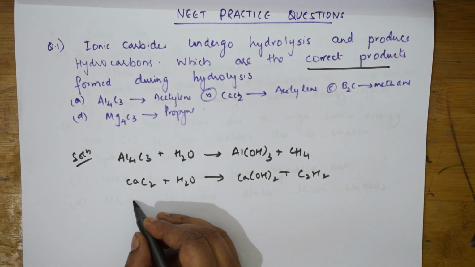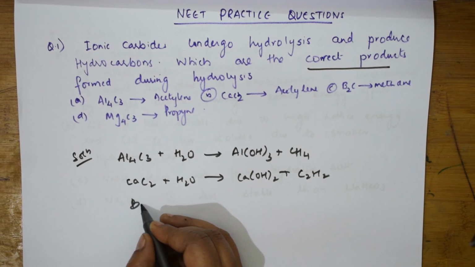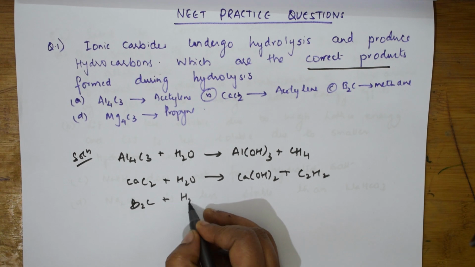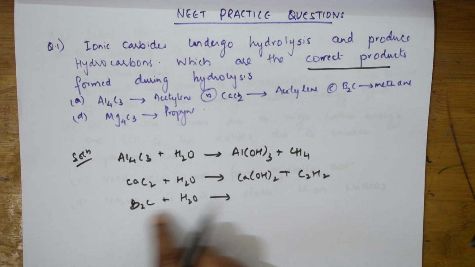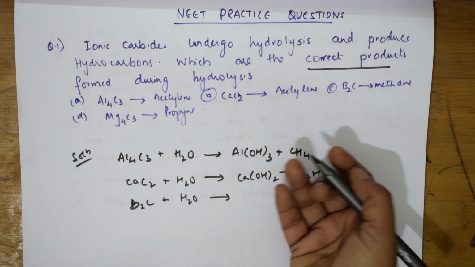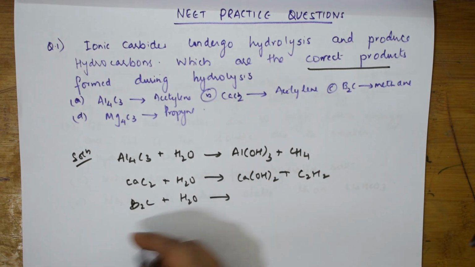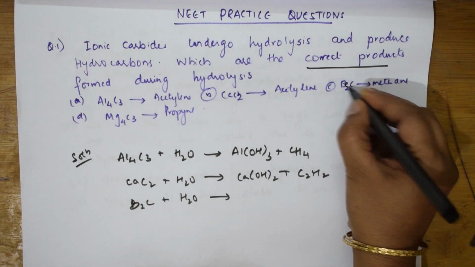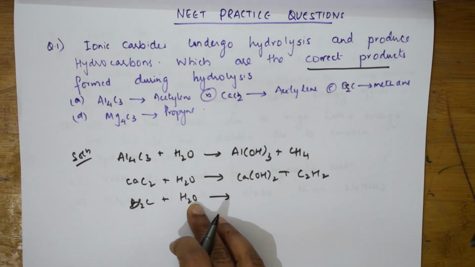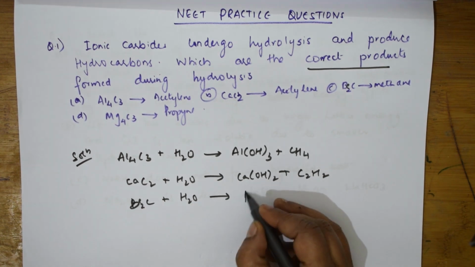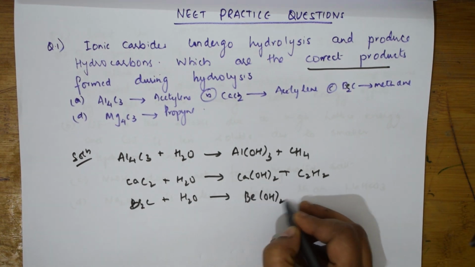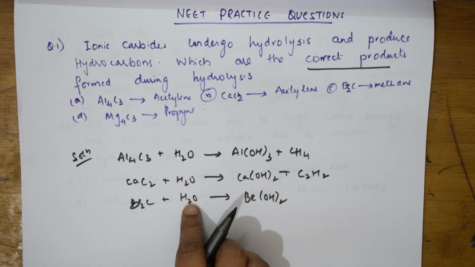The third one, let us go to beryllium carbide. It undergoes hydrolysis. Beryllium carbide, Be2C, plus water, this becomes beryllium hydroxide, taken twice, plus CH4.